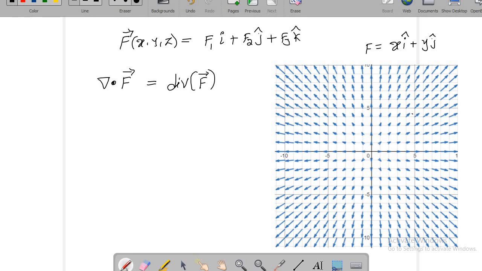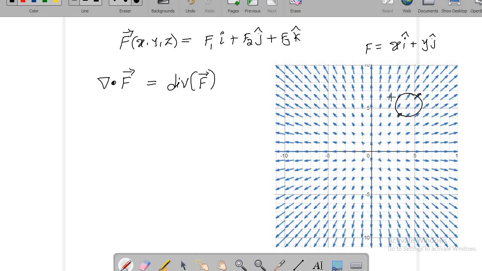Now you draw a small circle here, and you see the number of vectors coming in and going out. You look at the magnitude of the vectors, coming in and going out. Let me draw a big circle to understand it better. You see, while entering, the vector's magnitude is less, whereas while leaving, it is more.